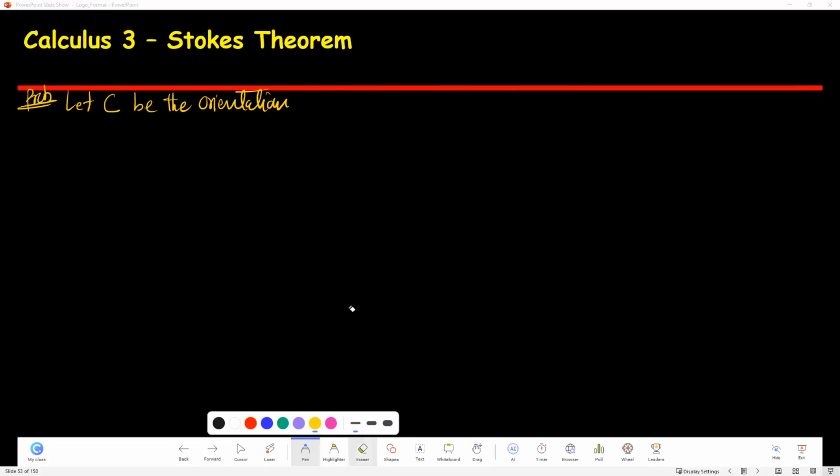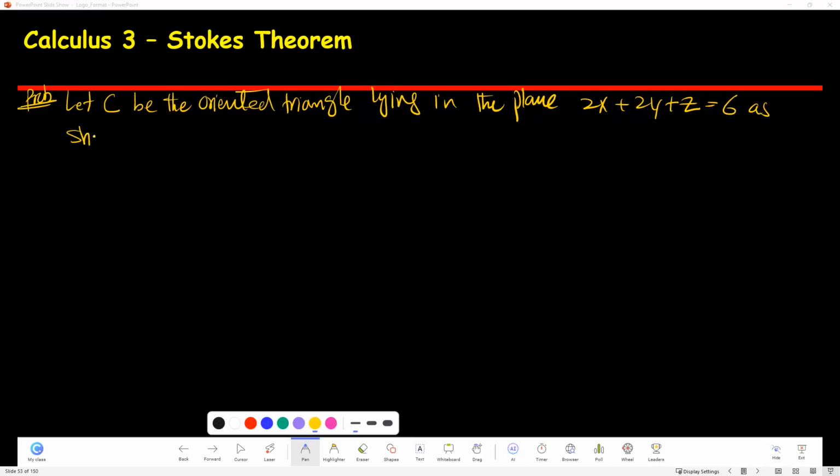Oriented triangle, laying in the plane 2x plus 2y plus z equals to 6, as shown in the figure. I'm going to draw the figure.